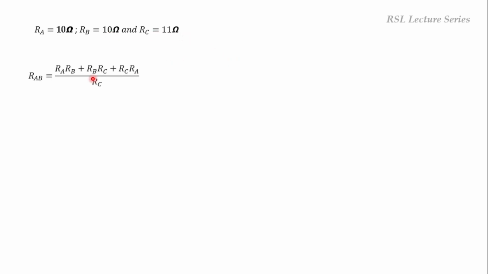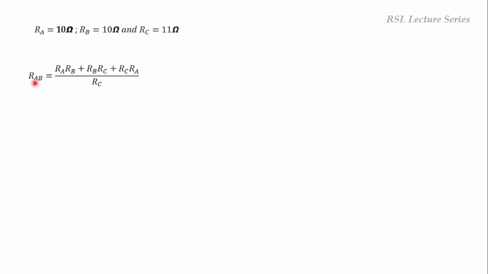The formula for finding RAB is RA RB plus RB RC plus RC RA divided by RC. We have already discussed how to remember this formula. We remember the terms in sequence, AB, BC and CA, add them all and divide by the resistance value which is not present.